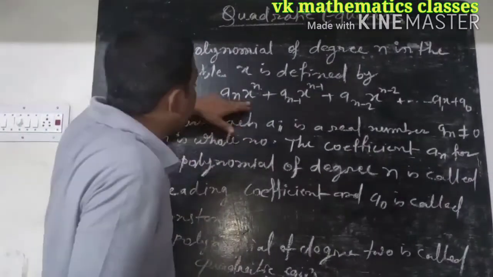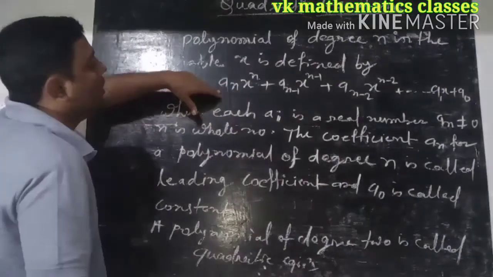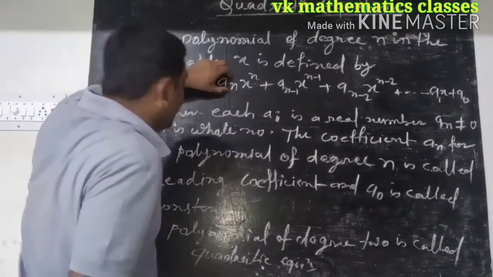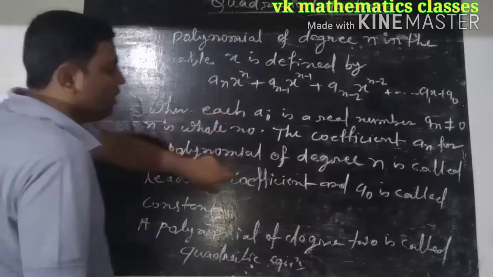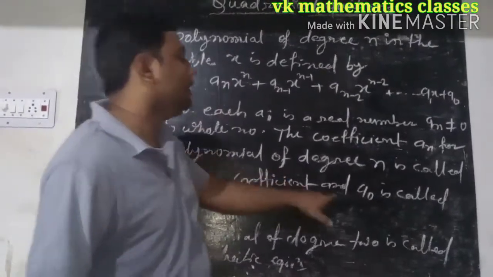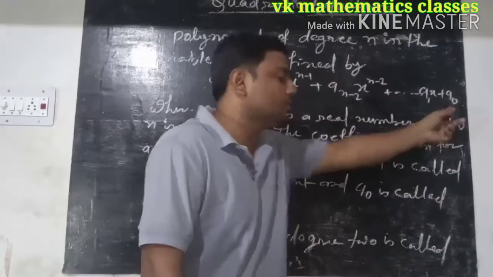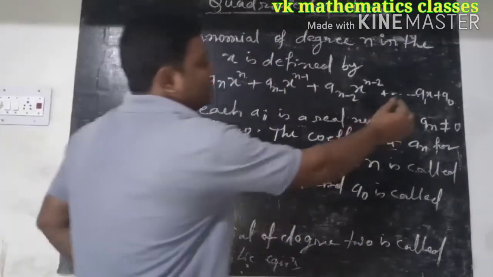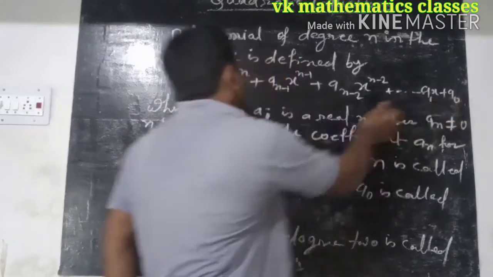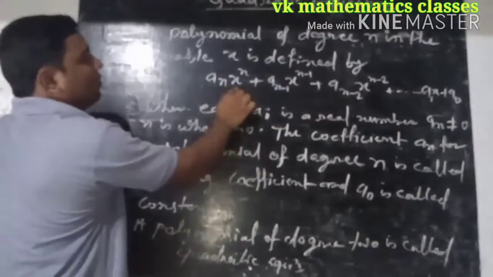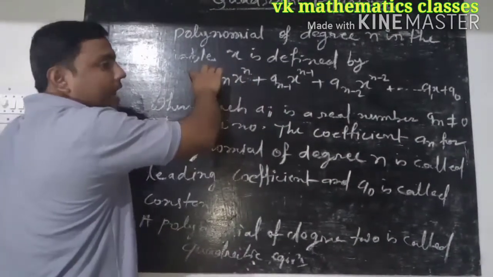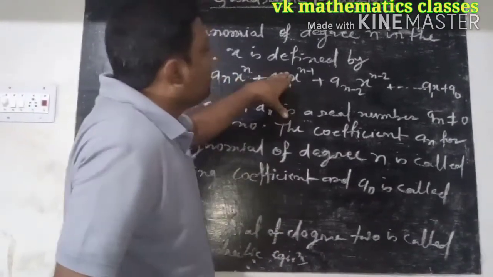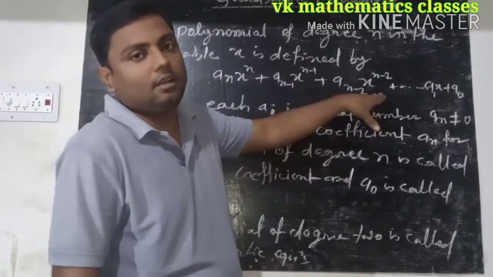The last term, a0, is known as the constant. When we write a polynomial, we write it in descending order of the variable.